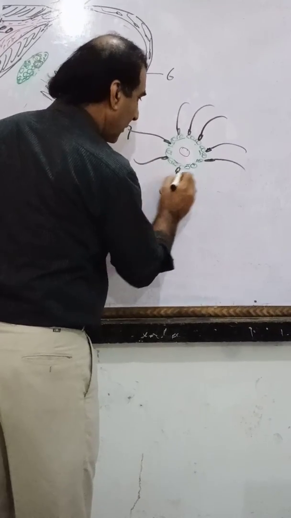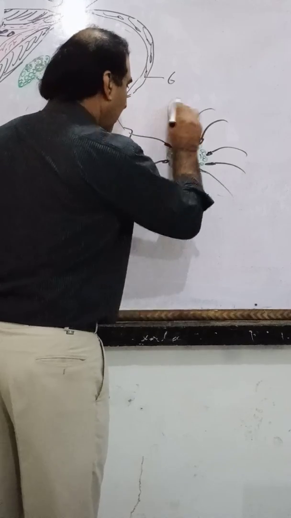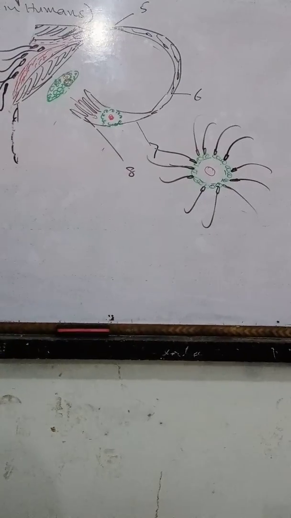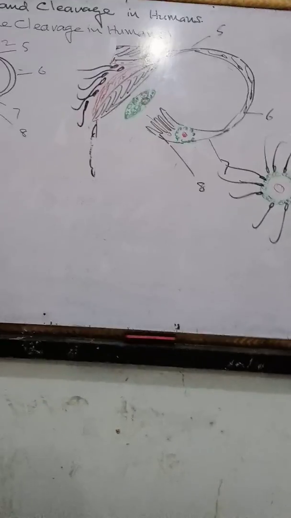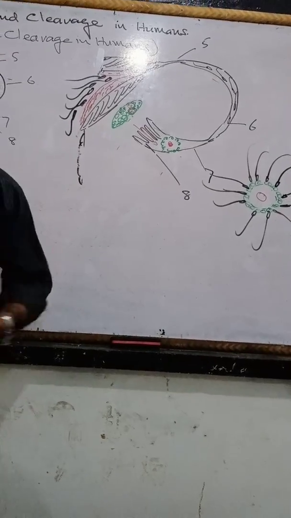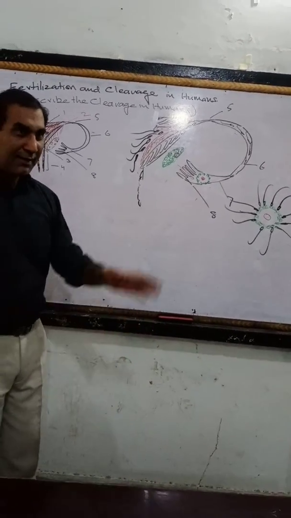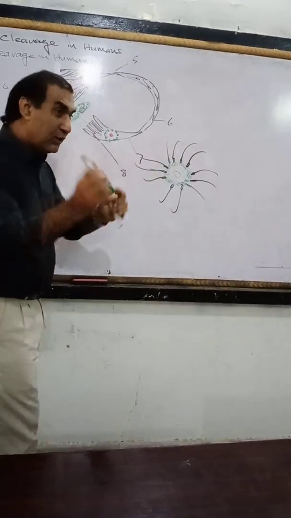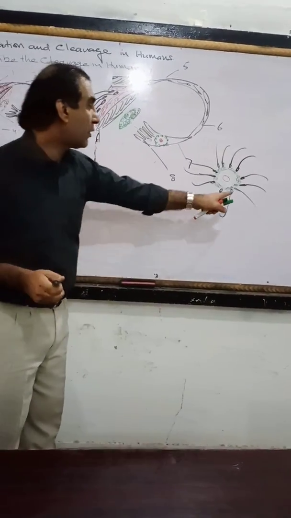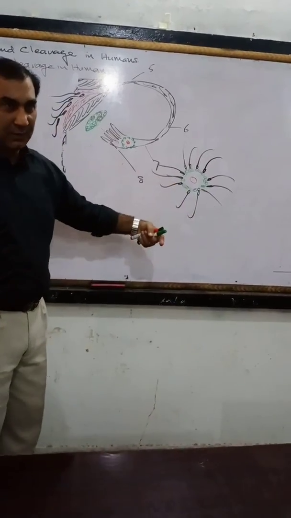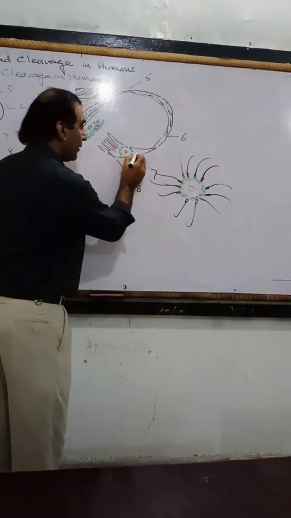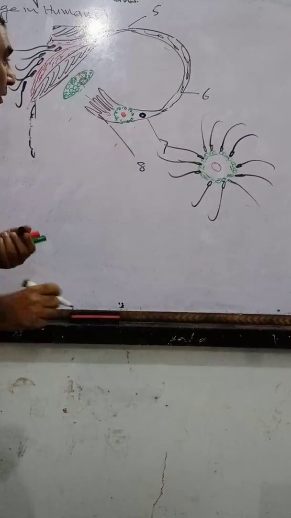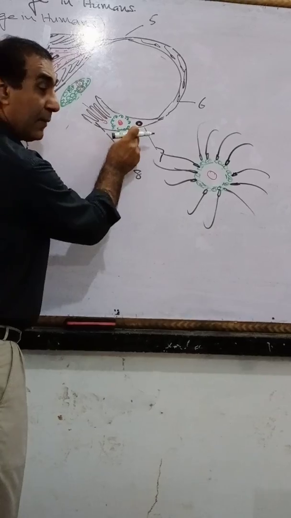Each of them wants to have the fusion. Every one of them wants to be a martyr, right? You would want to have the chance of fusion. One of those who would be sturdy would break this obstacle, would enter, and what would be formed? The zygote would be formed.